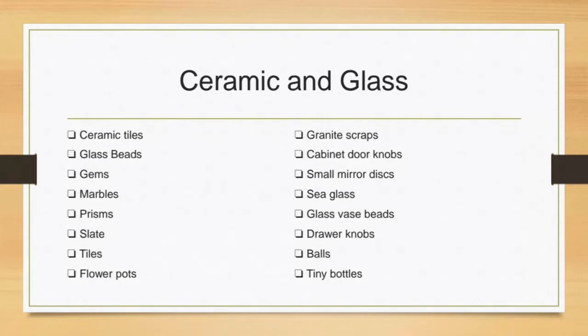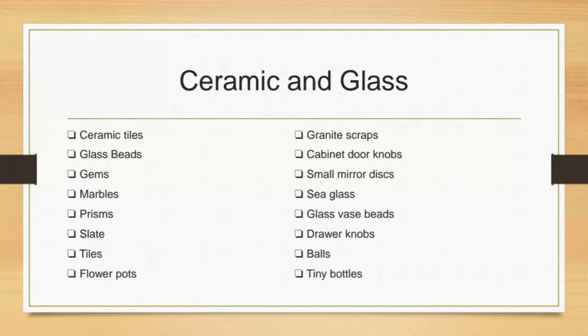And then we've got another category, ceramic and glass. I don't use a lot of glass, but it is just a category that people do put out there when they talk about loose parts. But things like flower pots or sea glass or just a stone or rock that might be more see-through, those would be considered ceramic and glass.